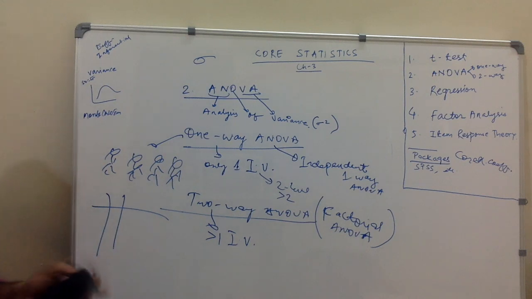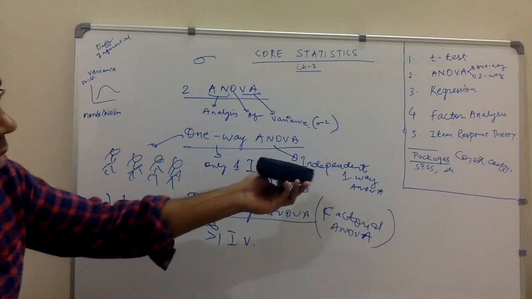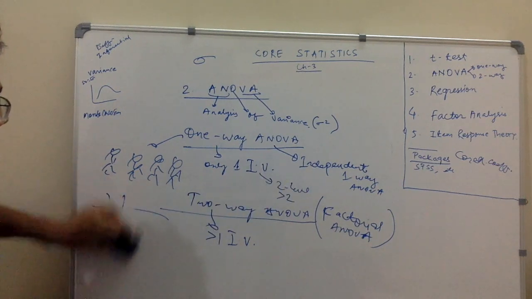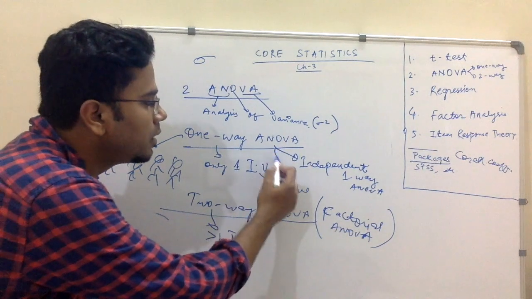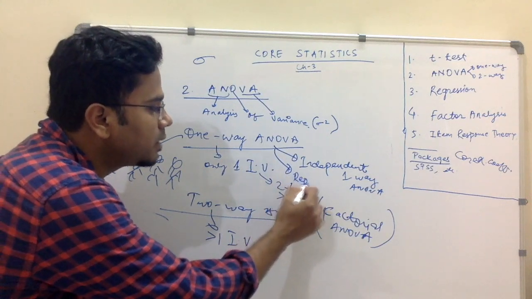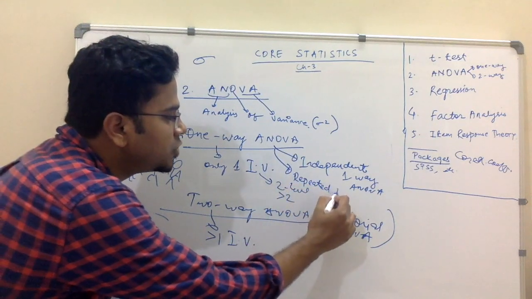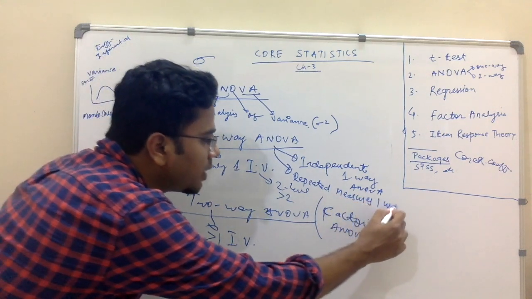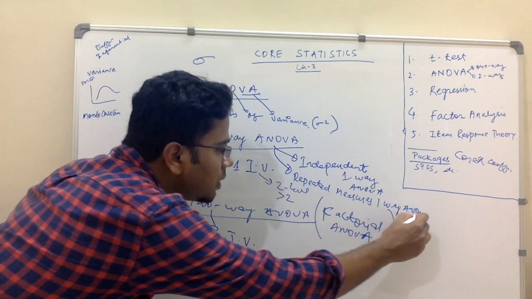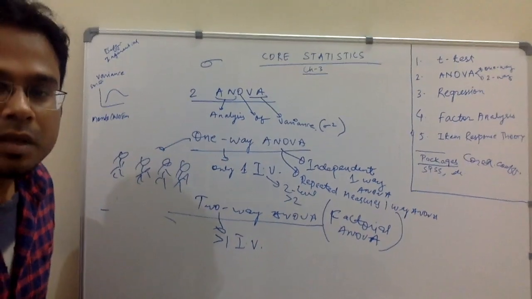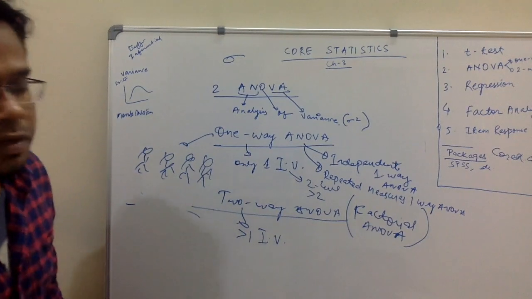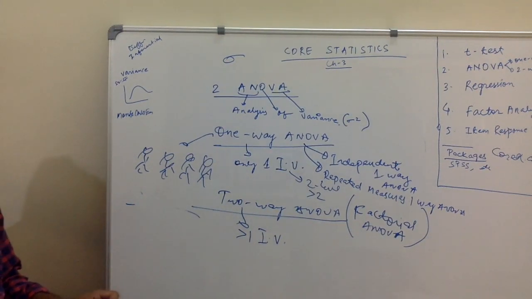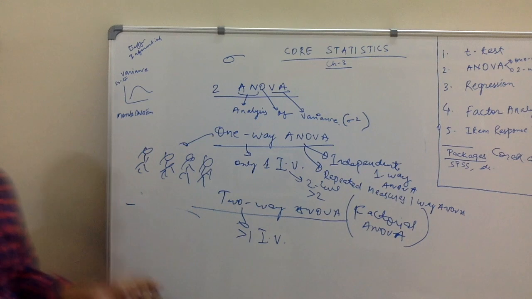What would be the reverse of it? That reverse would be dependent, but it's not called dependent. It is called repeated measures one-way ANOVA. Or you can also say it as one-way repeated measures ANOVA.